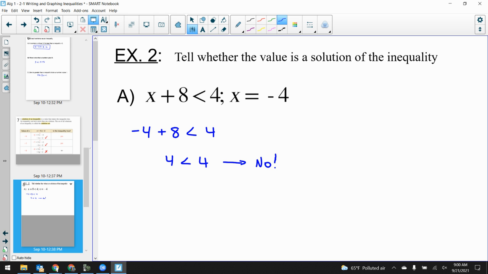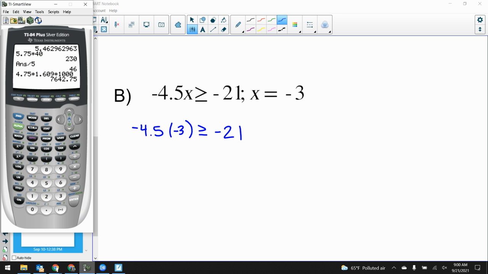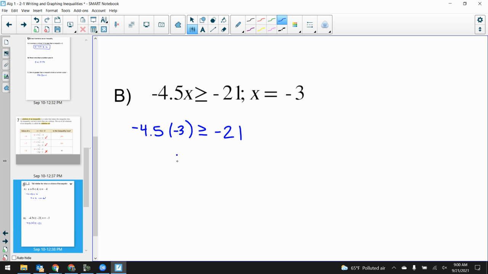Okay. Let's take a look at the other one. Let's plug this in. -4.5, and I've got -3 getting plugged in. Let's see if this is a true statement. Well, -4.5 times -3 gets us a positive 13.5.